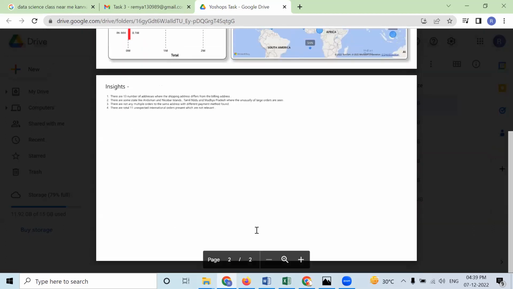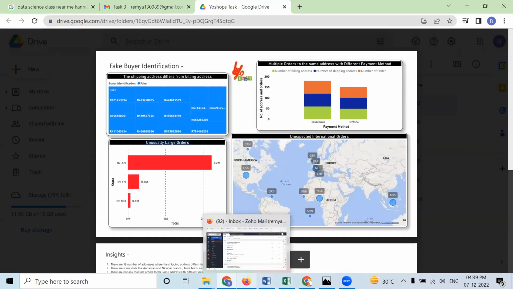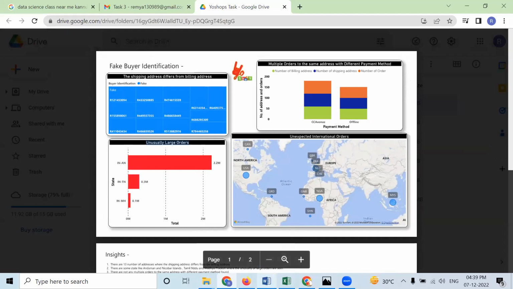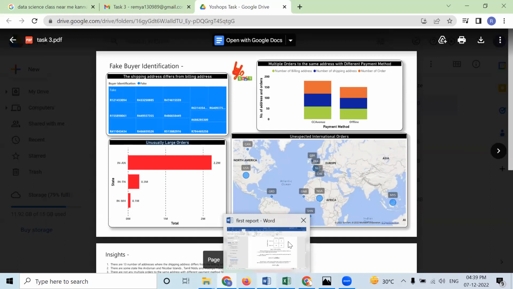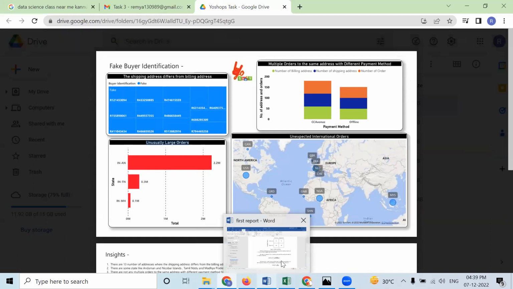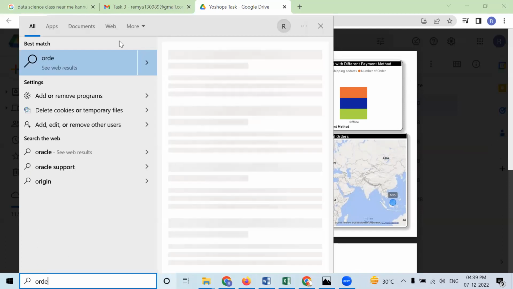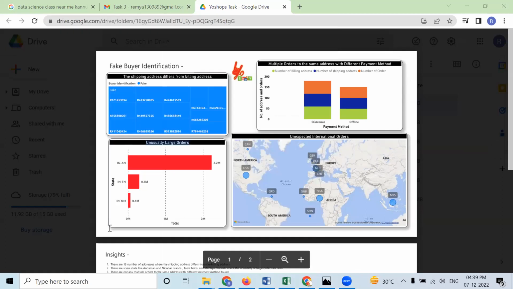Ma'am, in the last one, unexpected international orders, there is a country code, na, like IND, that kind of thing. You can check. Okay, ma'am, I have mentioned those countries in the graph, but we need the order ID, na.